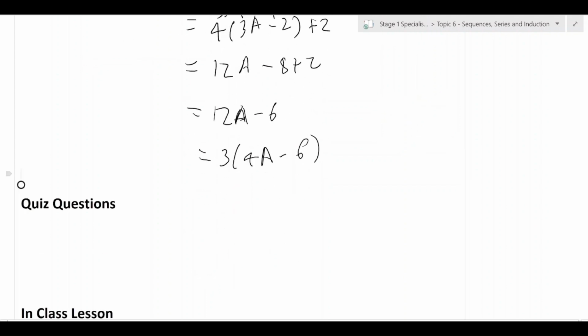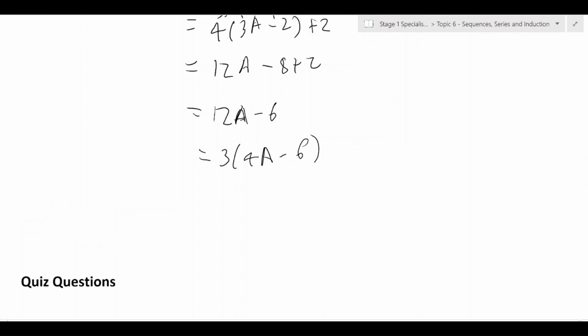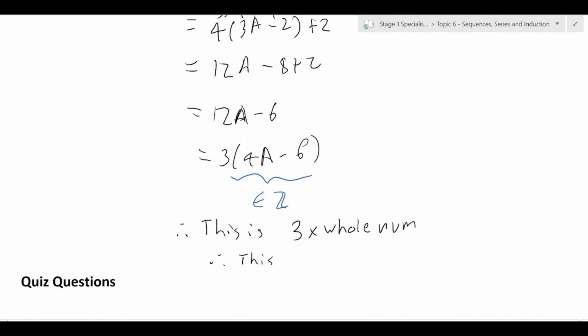Now, the question is, is this divisible by 3? Well, 4a take 2 is a whole number. Therefore, this is divisible. Like, this is 3 times a whole number. Therefore, this is divisible by 3.